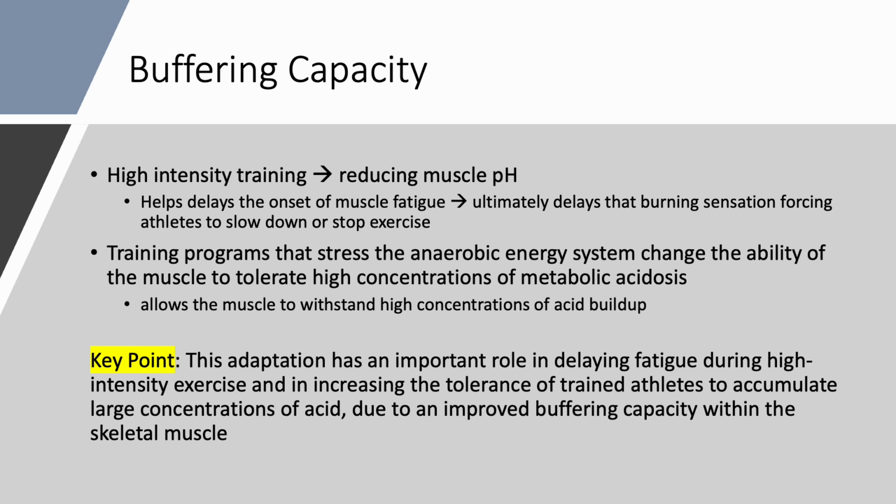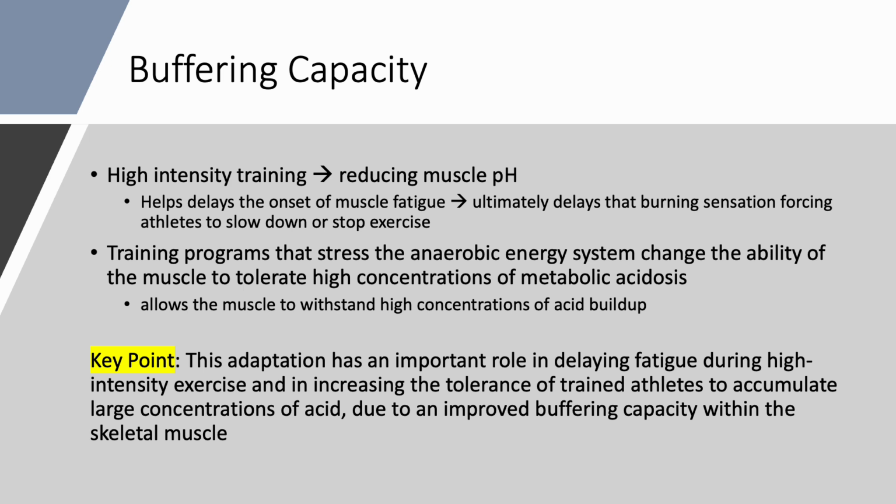Our buffering capacity. High intensity training results in a lower muscle pH. From exercise physiology, we have an internal environment where we're discussing the pH levels within our body. Our body reflects a normalized pH level, but can change as a result of what we were doing at that moment, whether that's exercise, how we eat, what we drink, how much we drink.